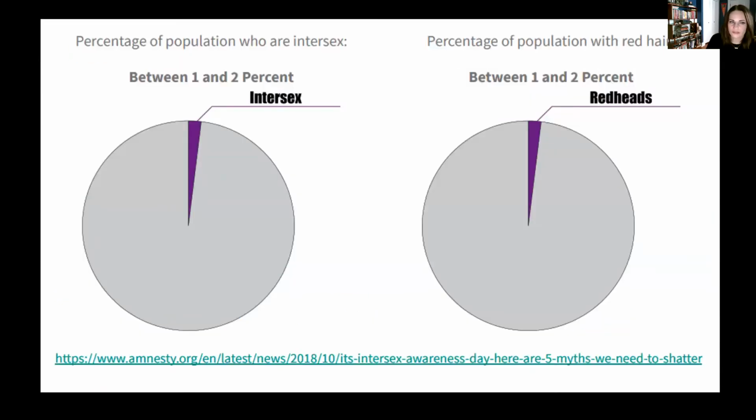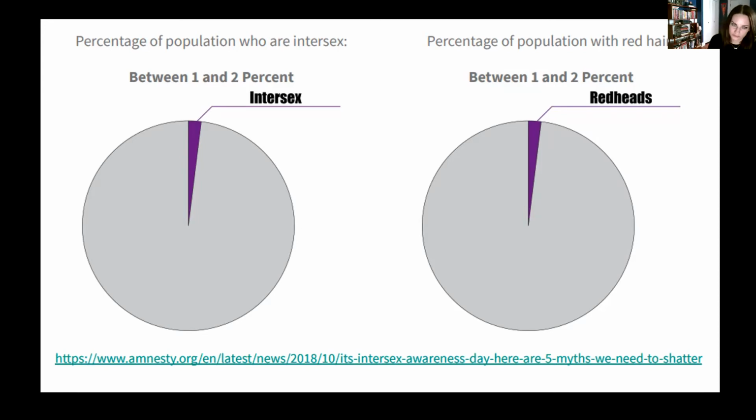So to put this biological sex diversity into perspective, I grabbed this slide from Anthony. It's a little bit repetitive, but if you missed it the first time, I think this puts biological sex diversity into perspective. It's estimated that 1 to 2% of the US population are intersex, which interestingly is about the same percentage as redheads in the country.